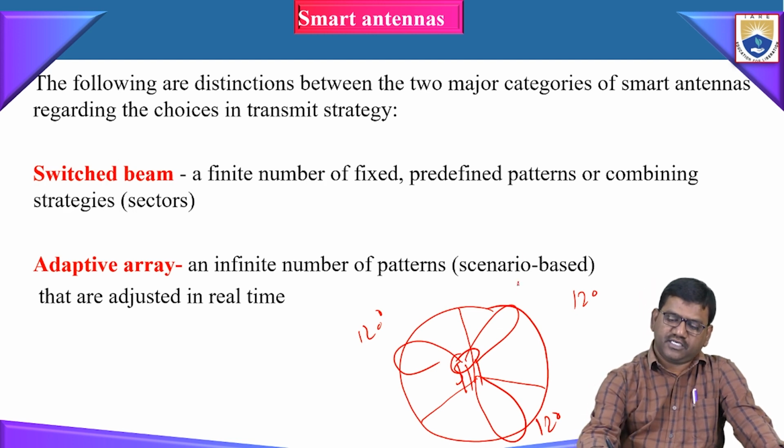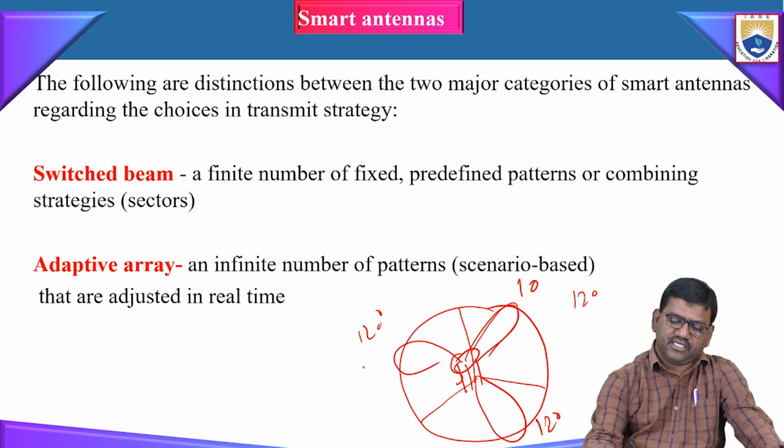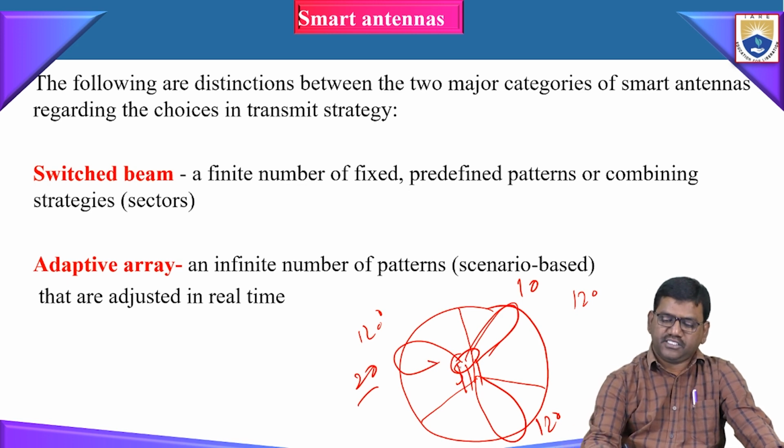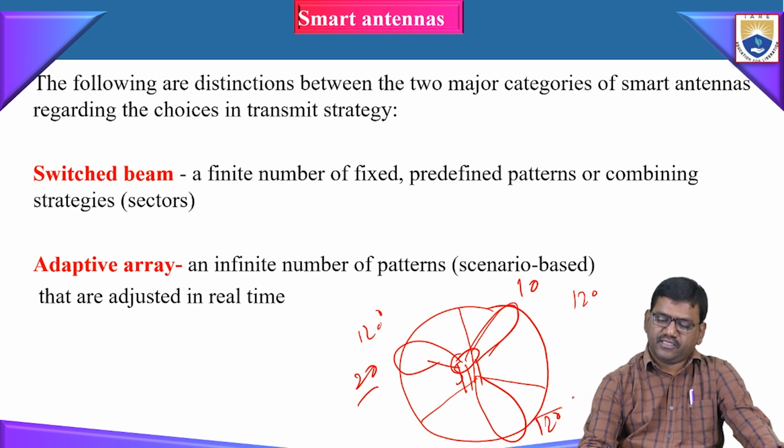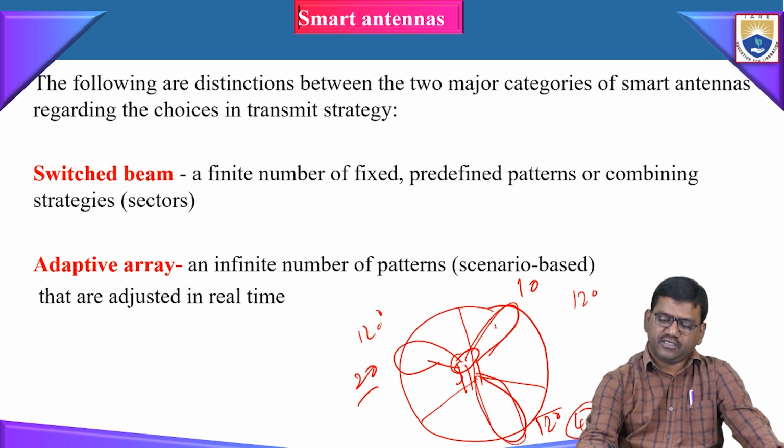Suppose there are 10 subscribers, and these 10 subscribers will use only this radiation pattern. Suppose there are 20 subscribers here, these 20 subscribers will use only this radiation pattern. And here there are 40 subscribers, these 40 subscribers will use only this third radiation pattern. So this is 1, this is 2, and this is 3.